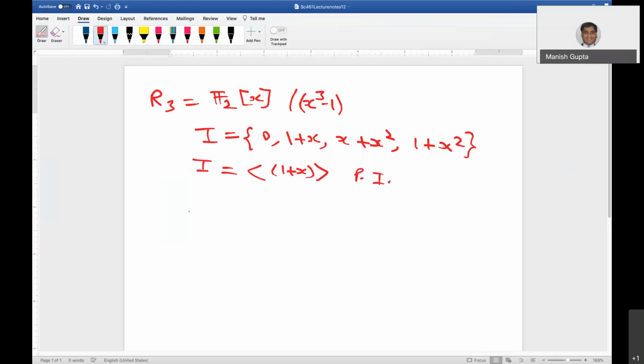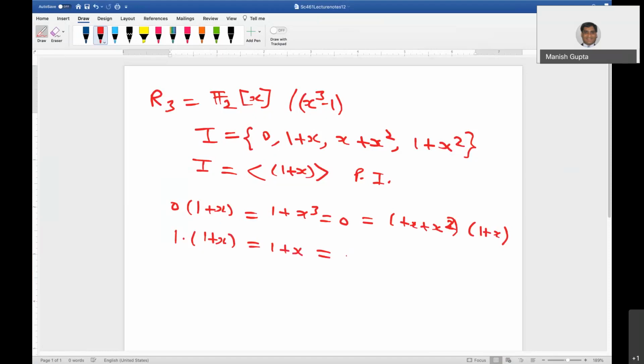Now how do I check this? If I take 0 times 1 plus x, we are going to get 0, which is the same thing as 1 plus x cube, which is 0. This is also the same thing as 1 plus x square times 1 plus x. Remember x cube plus 1 is the same thing as x cube minus 1. Everything is modulo 2. Then 1 times 1 plus x is 1 plus x.